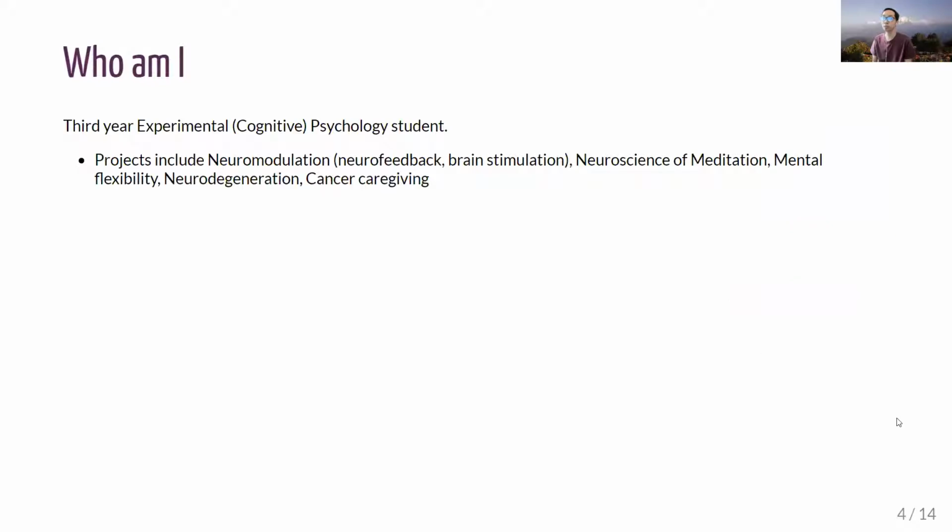You can find me at this Twitter handle, GitHub, my website, and my email if you have any questions regarding this workshop or anything if you want to chat more. I'm a third-year experimental psychology student in cognitive science. Some of our projects include neuromodulation using neurofeedback, brain stimulation, neuroscience of meditation, mental flexibility, neurodegenerative populations, and brain influences, and also cancer caregiving.